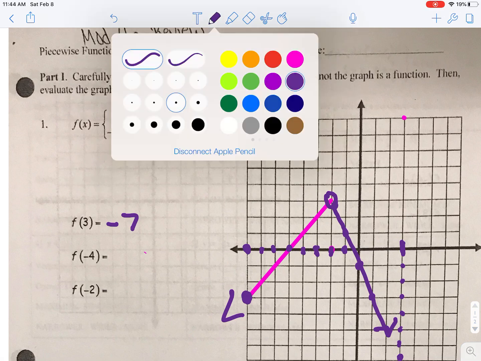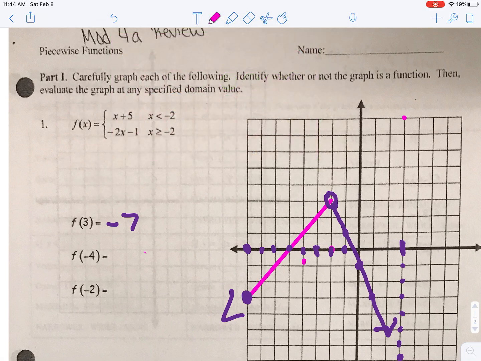f of -4. Here's -4 right here, and when I go up, it goes up to 1. So that must be 1. And just to prove that to myself, if I put -4 here, I get 1. Now f of -2. f of -2 is the breaking point right there.